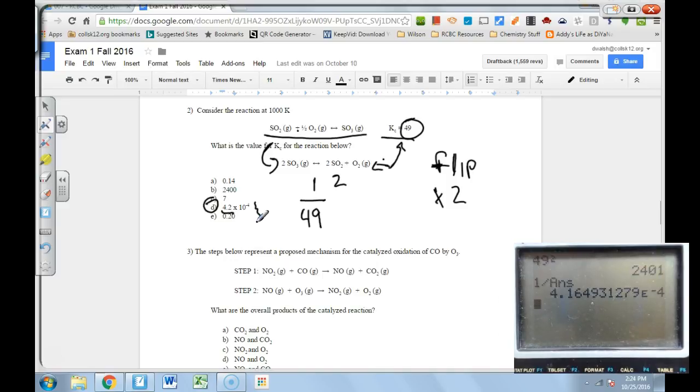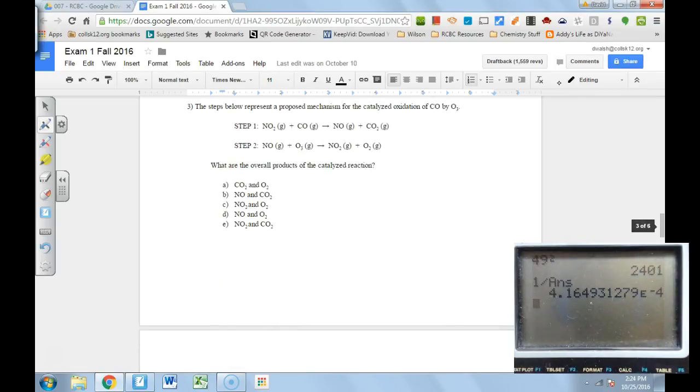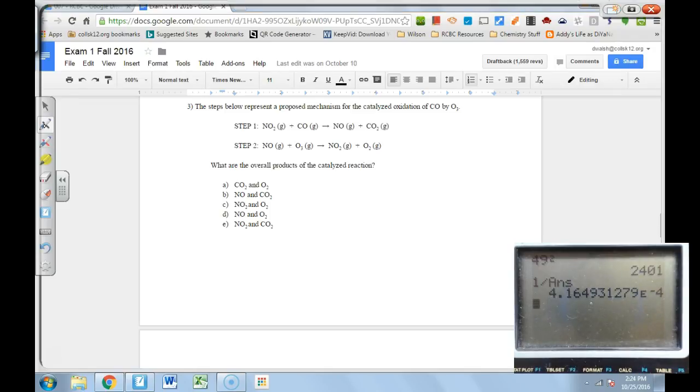Okay, so that's question number 2. Let's scroll down. I tried to do it, but it's not going to work. Let's look at question number 3. It says here's a proposed mechanism for this reaction, and it asks what are the overall products of the reaction. What we should do is cancel out the things that are found on both sides of the equation.